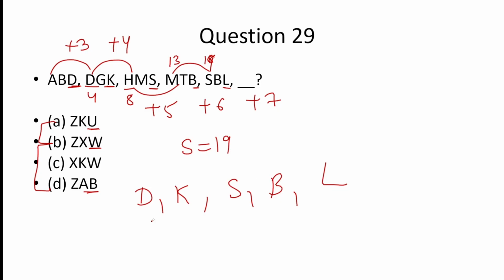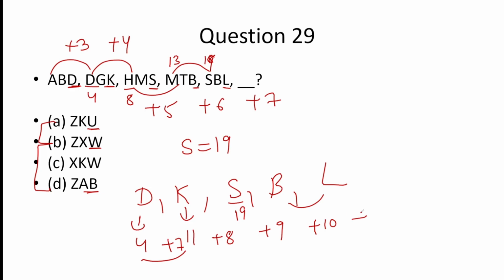D's rank is 4, K's rank is 11. What is the shifting? Plus 7. Then S's rank is 19, so the shifting is plus 8. After that the shifting is plus 9, then plus 10, so then it will be plus 11. L's rank is 12, and 12 plus 11 is 23. On 23 we have W. So the option will be B.